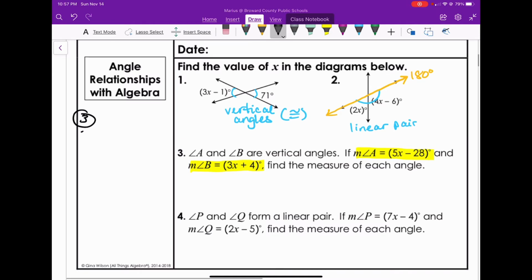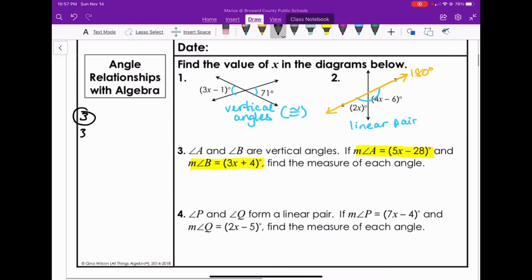So our equation should say 3x plus 4 equals 5x minus 28. Now, some people may have written it as 5x minus 28 equals 3x plus 4. That's perfectly fine too. It's not going to make a difference.